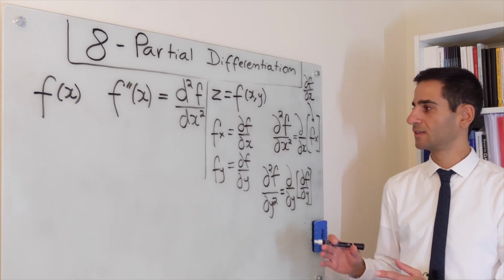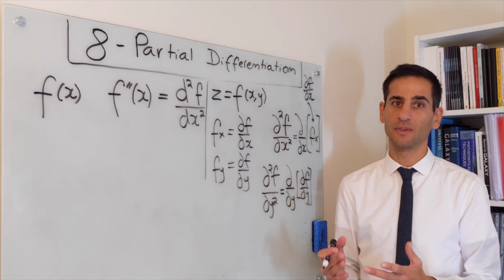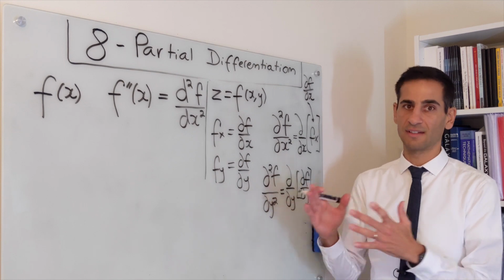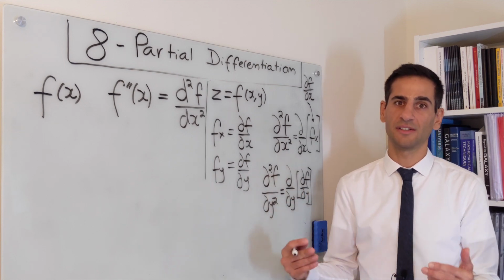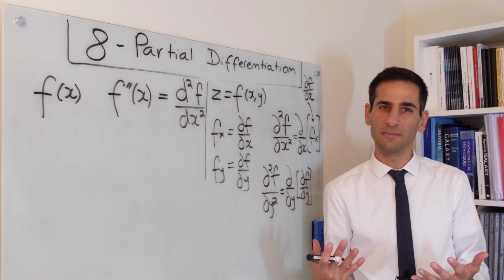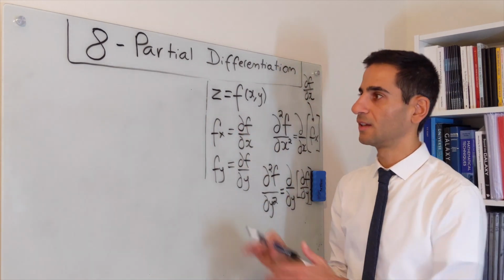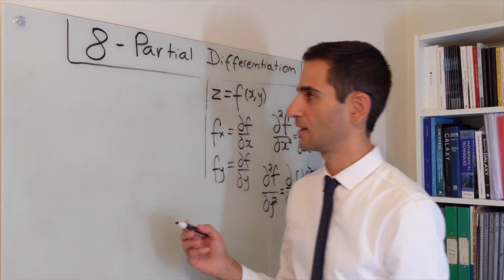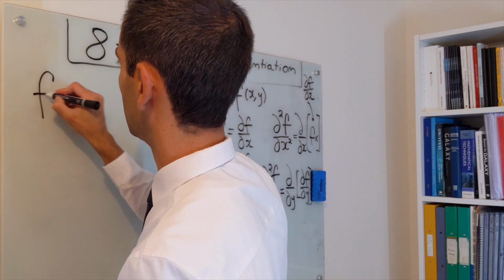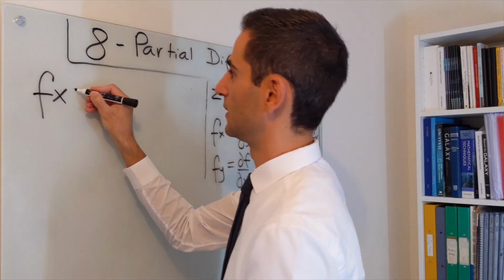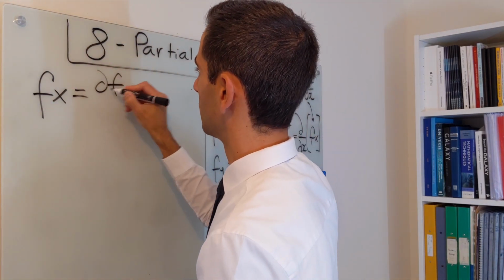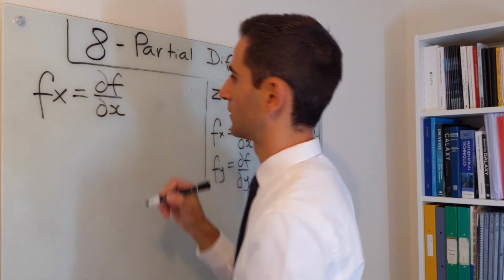A major difference when we look at functions of more than one dimension is that the second order derivatives can actually have a cross term. What do I mean by this? I mean that if we take things to this side of the board, let's say that you already have f_x, meaning the partial derivative of f with respect to x.